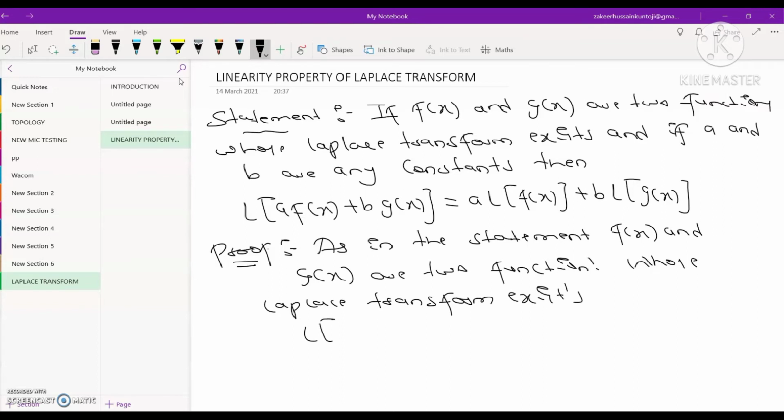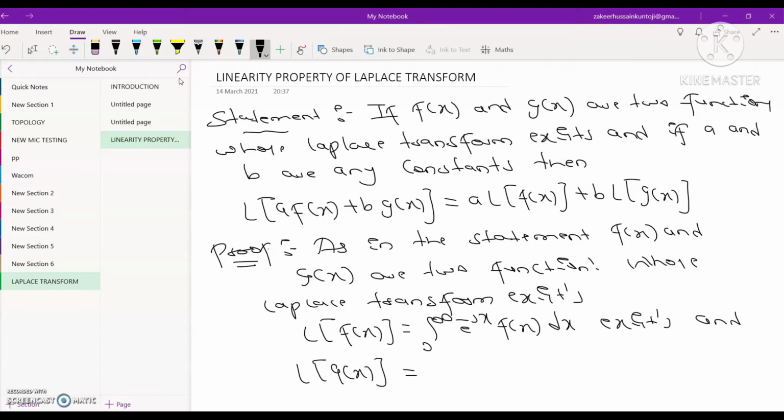It means that the Laplace transform of f of x, that is equal to the integral from 0 to infinity of e raised to minus sx f of x dx, exists, and the Laplace transform of g of x, the integral from 0 to infinity of e raised to minus sx g of x dx, exists, meaning it has some definite value.